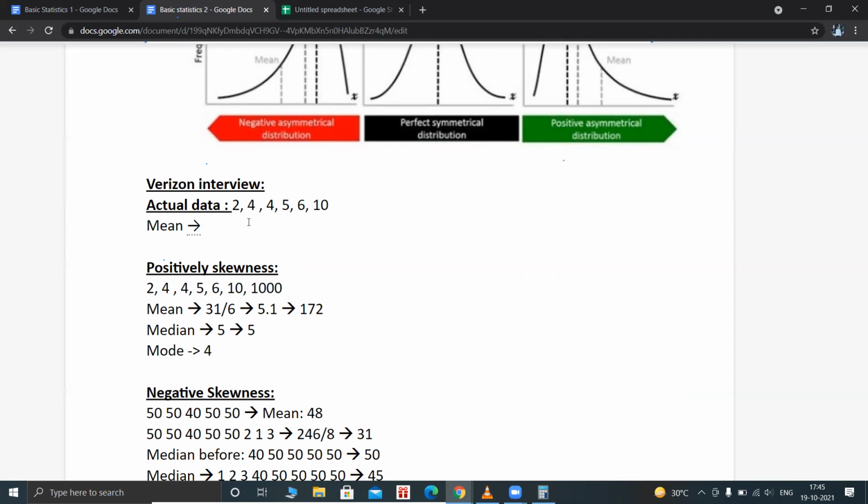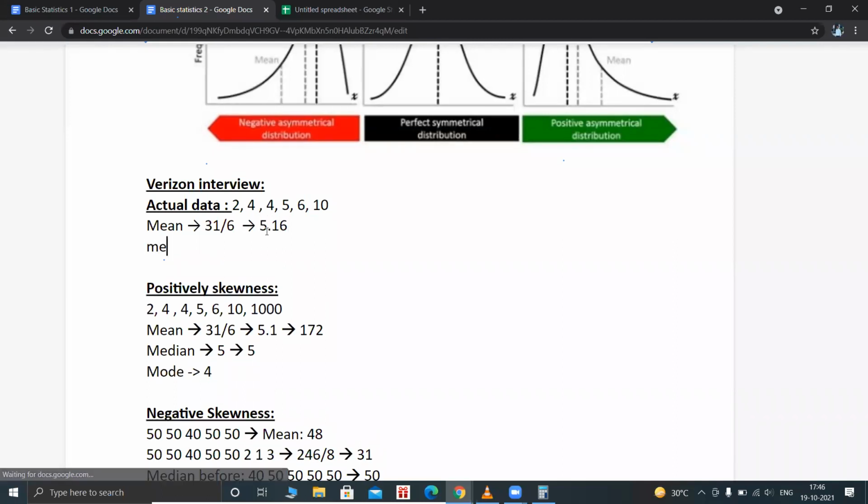What is 31 divided by 6, guys? 5.166667. Yeah, so it was like 5.16.